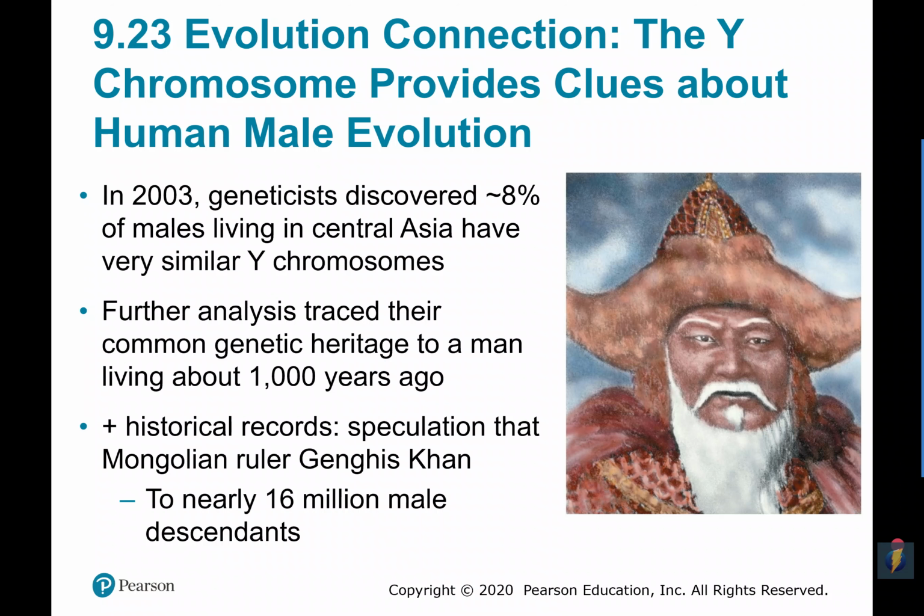They then looked at the historical records of who was possibly living at that time, and speculated that the ruler Genghis Khan, a Mongolian ruler back in the Far Ages, had passed on his Y chromosome to his descendants, who then passed it on to their sons and to their sons, and in the end to nearly 16 million male descendants, ultimately from what their best guess is Genghis Khan, which is just astonishing when you think about that.